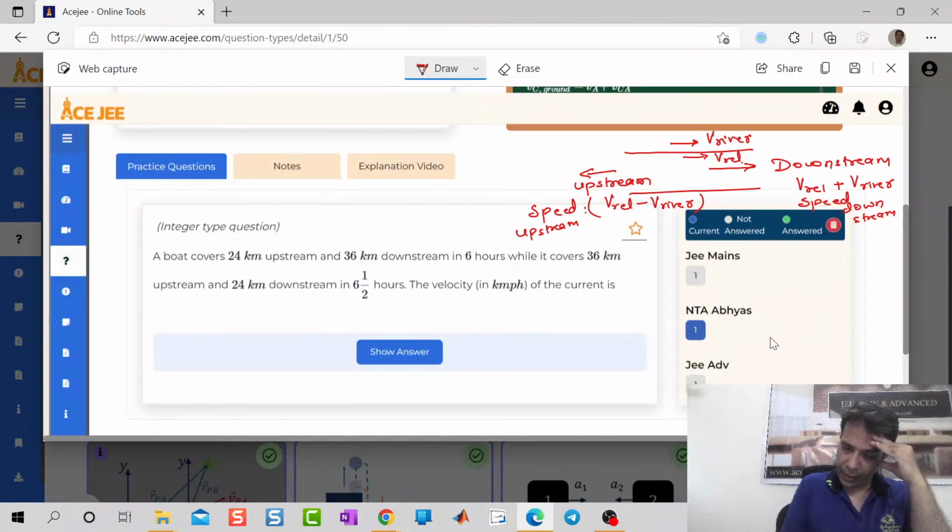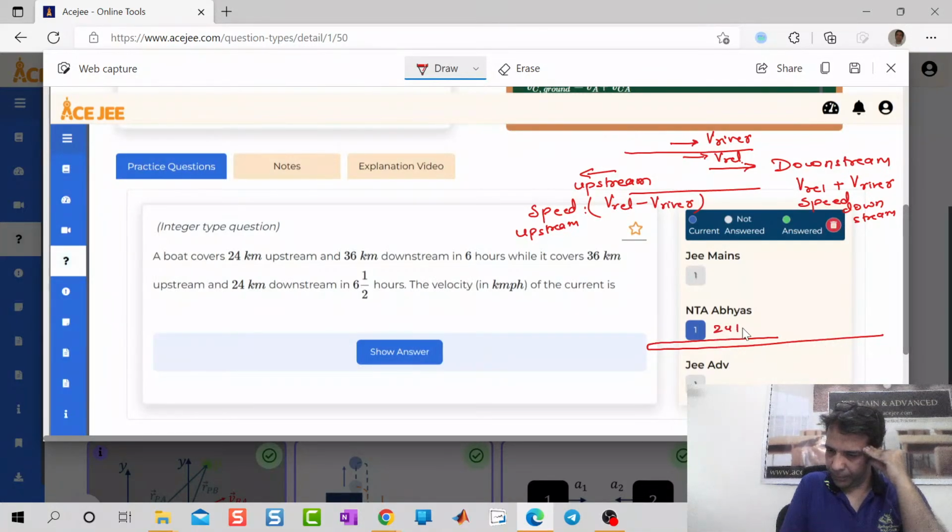Let's say it goes 24 kilometers upstream and then it travels 36 kilometers downstream in 6 hours.